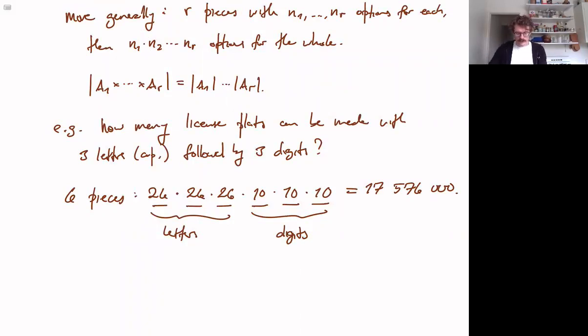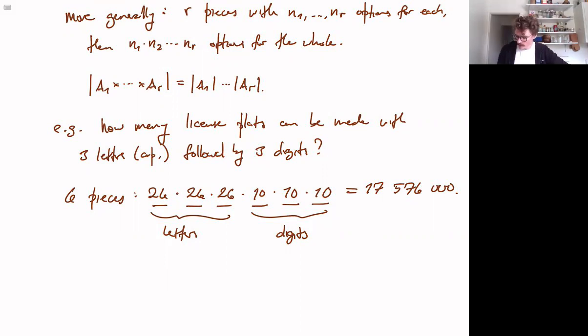Before we move on to the next rule, I want to quickly introduce a slight variation. You will often be asked to consider things either with repeats or without repeats. So let me give an example of what that means.